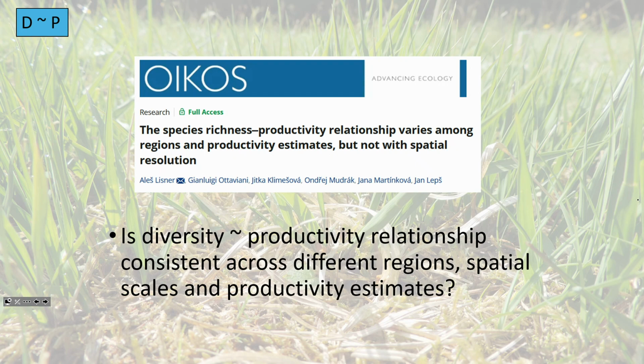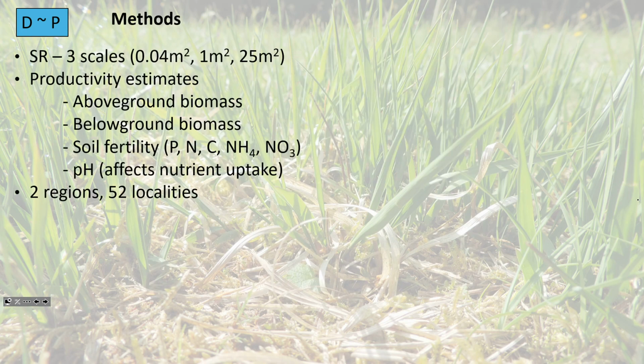So to increase slightly the confusion, we decided to add one more study trying to look at this relationship and check if it's consistent across different regions and different spatial scales, while using various productivity estimates, and doing this with exactly the same methodology, so not having the problems with comparability as in a meta-analysis.